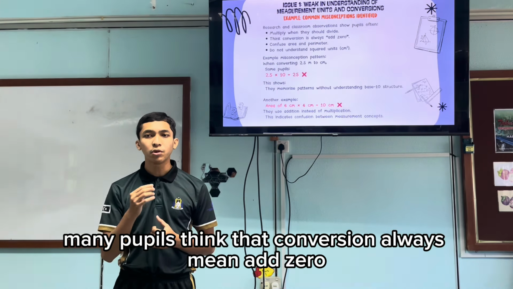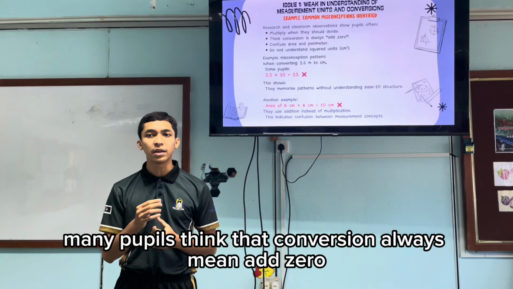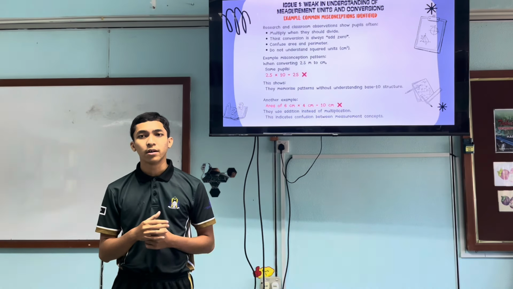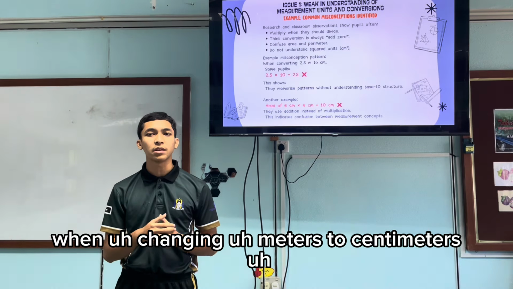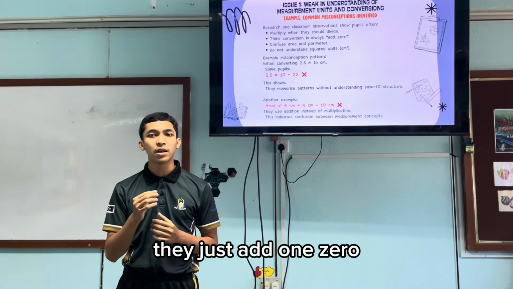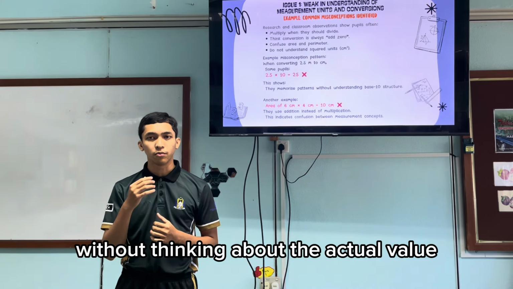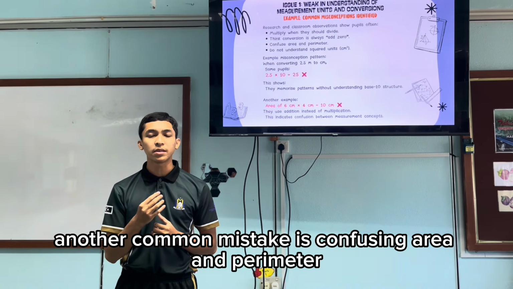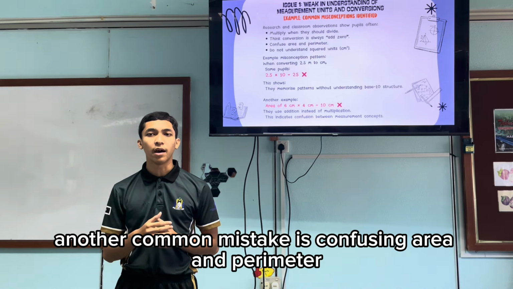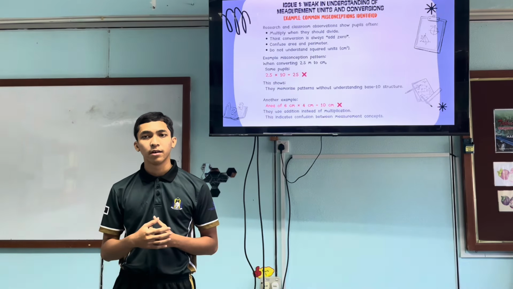Second, many pupils think that conversion always means add zero. Okay, for example, when changing meters to centimeters, they just add 1 zero without thinking about the actual value. Another common mistake is confusing area and perimeter.